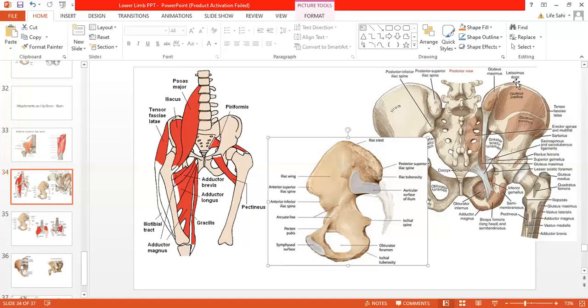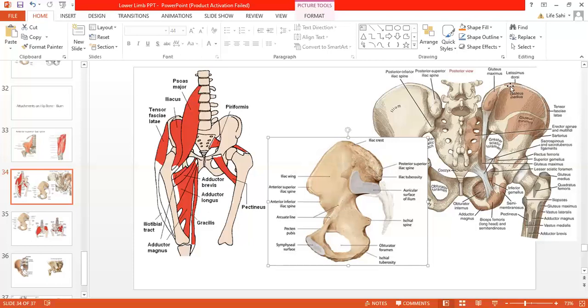We also divided this iliac crest into two parts morphologically. More than anterior 2/3 is labeled as ventral segment and less than 1/3 posterior segment is labeled as the dorsal segment. In this diagram, you can see both of these segments very clearly.